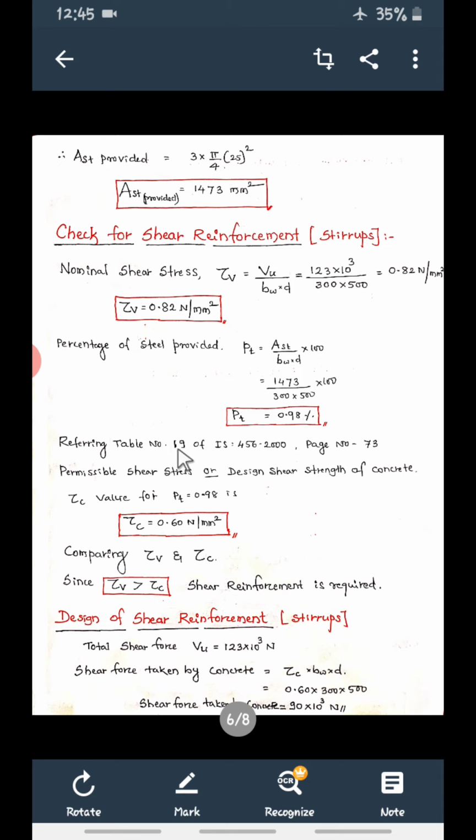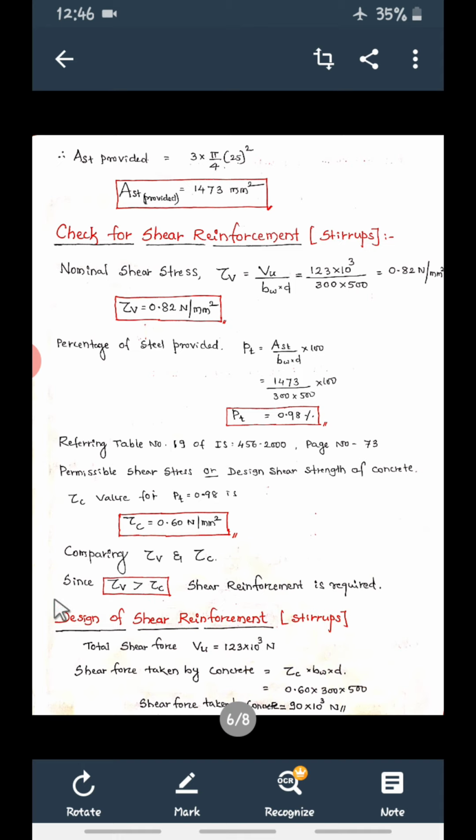The first column is PT only, where AST upon B into 100 is given. So for 0.98%, the tau C value is 0.60 Newton per mm square. This is called the permissible shear stress, or design shear strength of concrete.